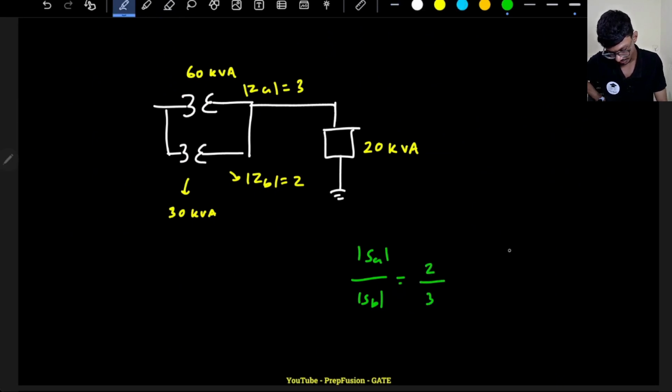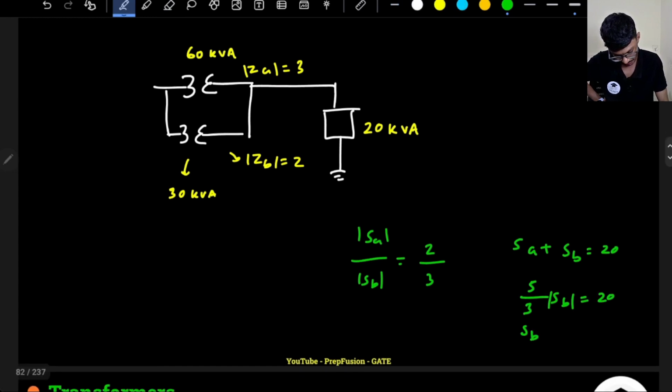Also I know that overall SA plus SB will be 20 kVA, right? So from here I can directly say that SA will be 2/3 of SB. If I place it over there, this will be 5 by 3 of the magnitude of SB, which equals 20.